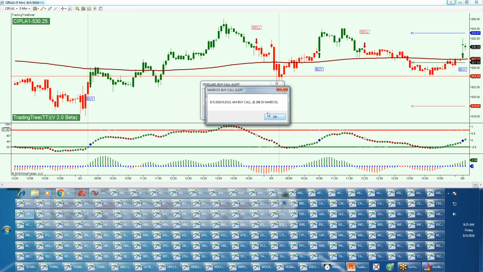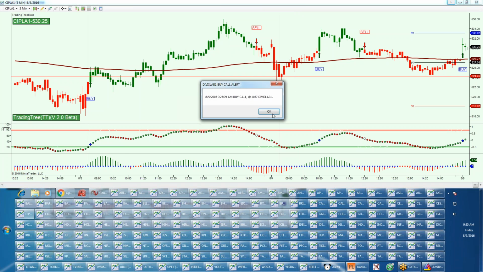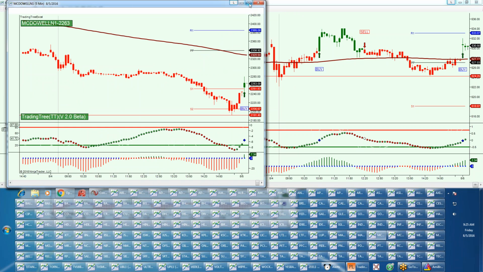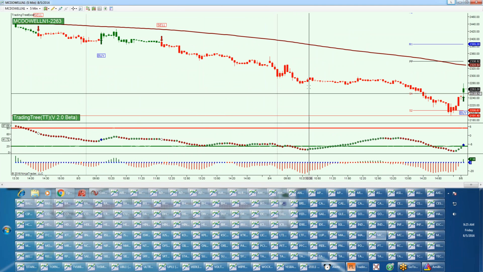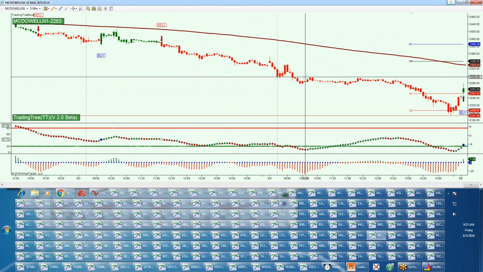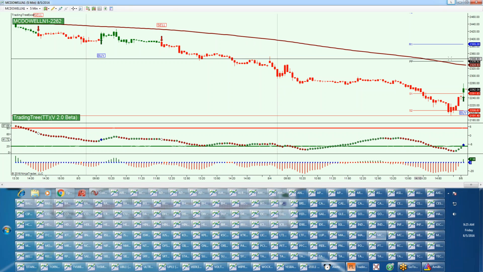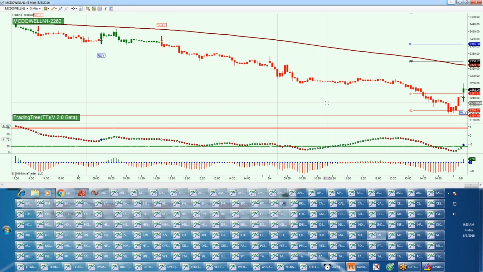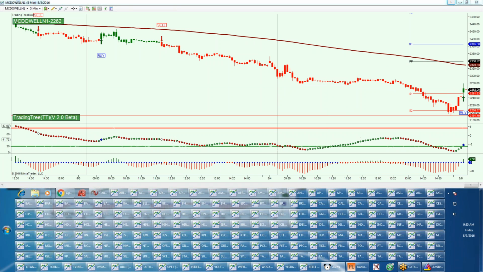So Marico, Divis. So we have the strong resistance on this PP and R1. So we'll just wait on McDonald's. We have a buy in Marico again.